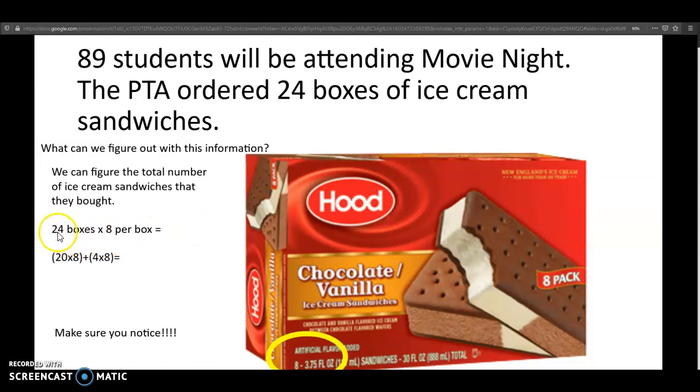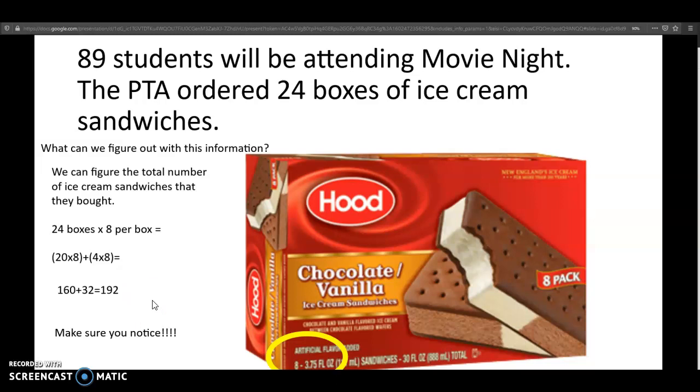I broke up the 24, and that 2 has a value of 20. 20 times 8: I know 2 times 8 is 16, then I put the 0 on the end, 160. Then 4 times 8 equals 32. So 160 plus 32, there are 192 ice cream sandwiches.